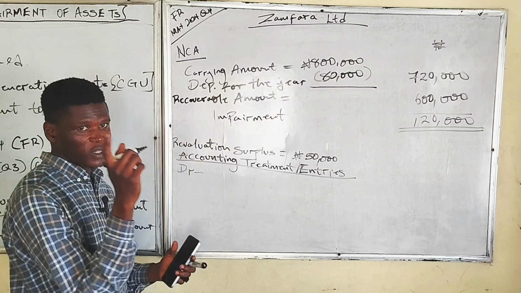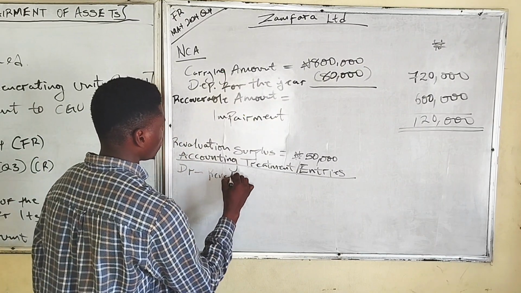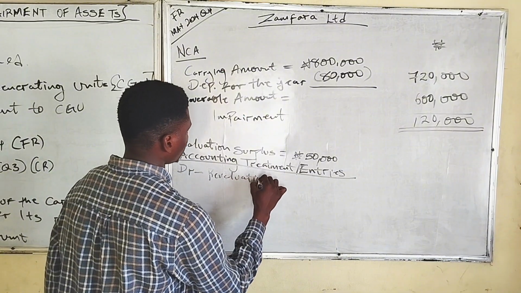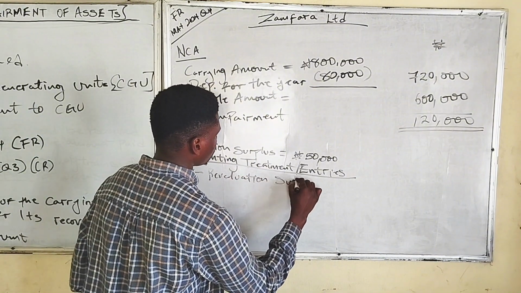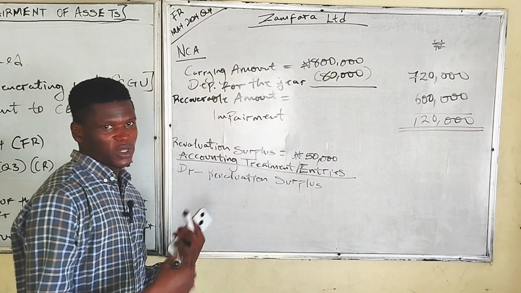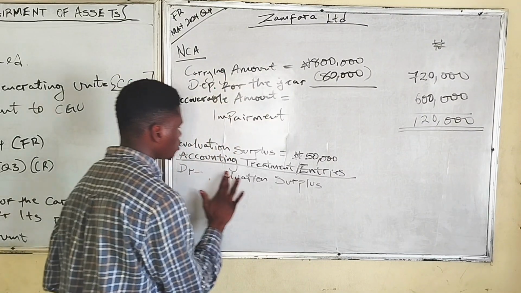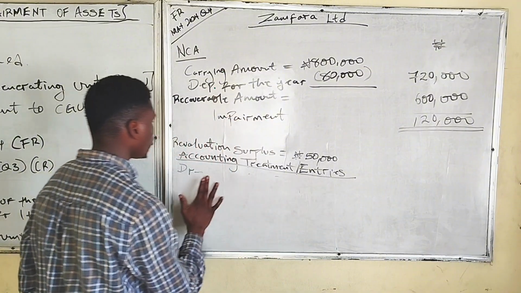Remember that there is a previous revaluation surplus. So we'll debit revaluation surplus, which is other comprehensive income. So you can just say that we will debit other comprehensive income.